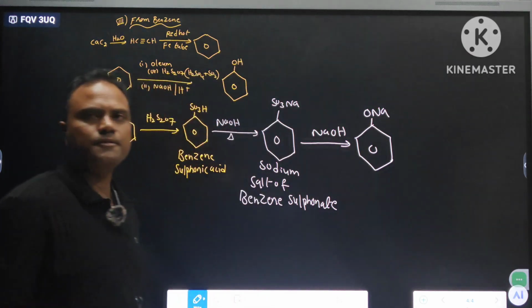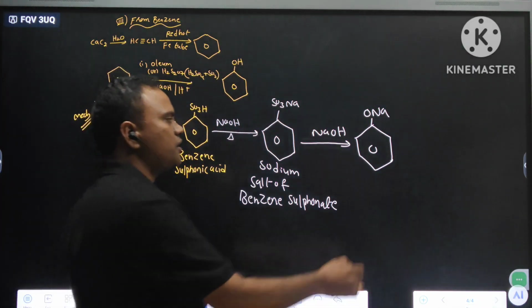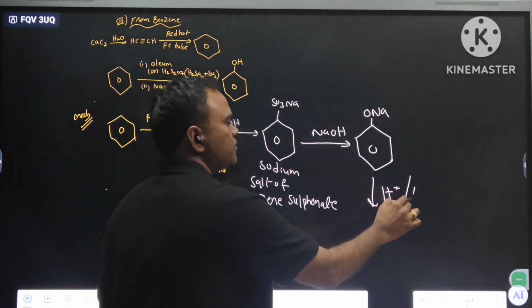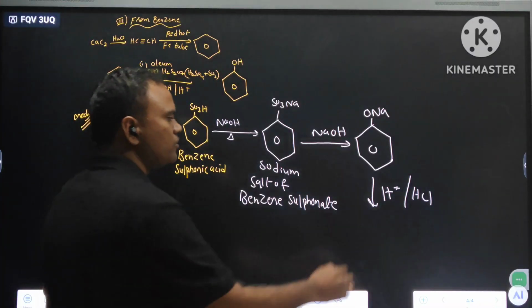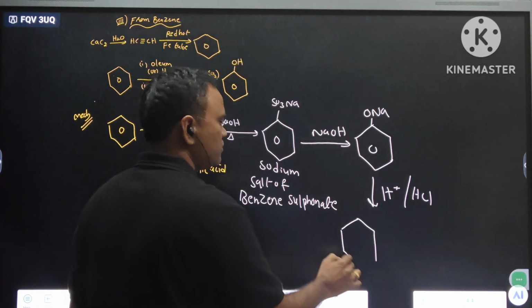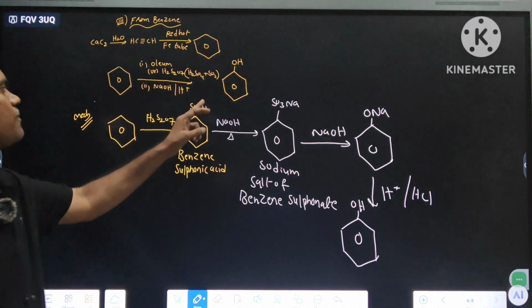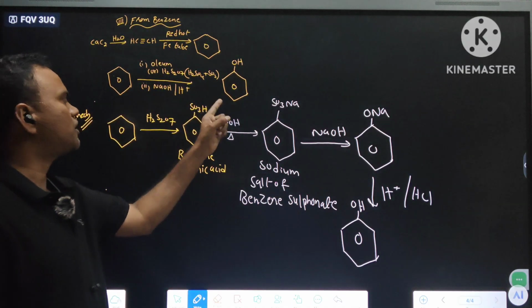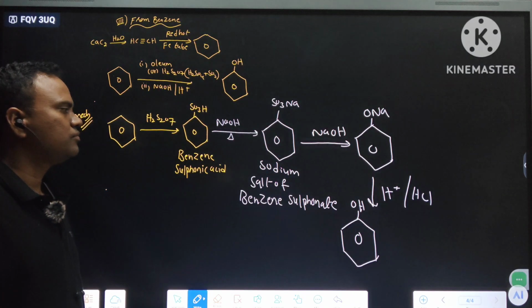This sodium phenoxide on treatment with HCl, H plus are sometimes represented like this, HCl or simply H plus, produces phenol. This is the mechanism for this step, right? This is direct reaction and this is the mechanism. Note down.